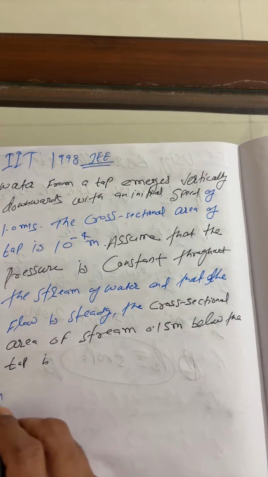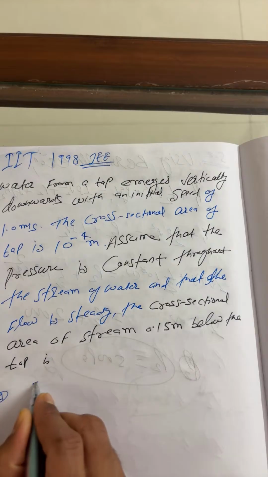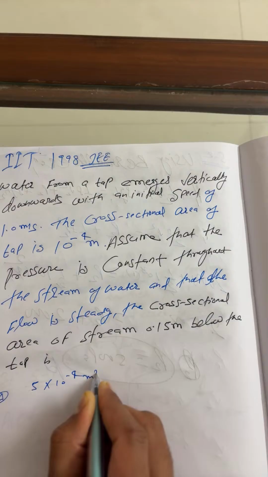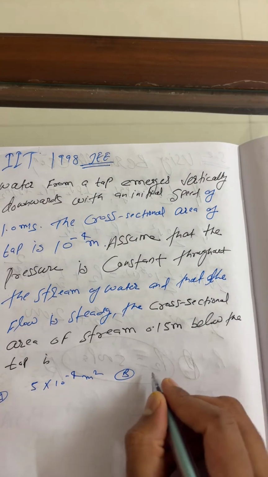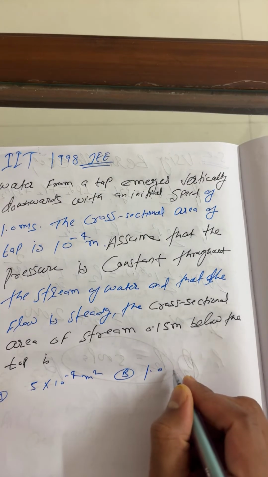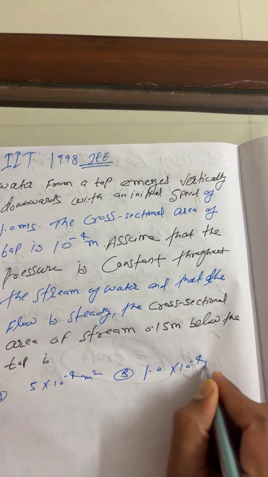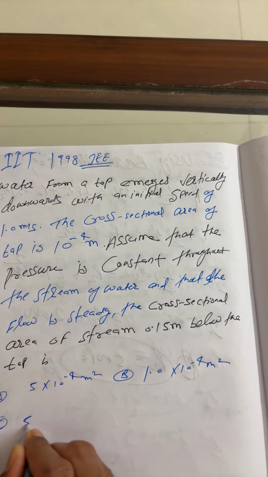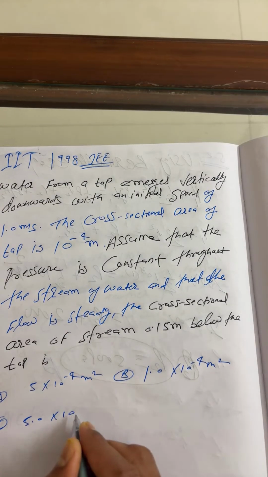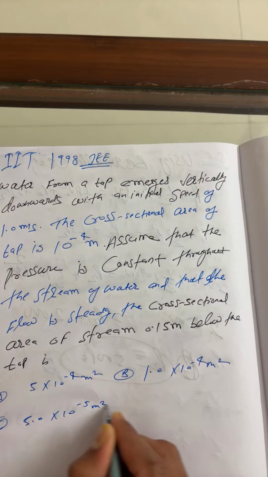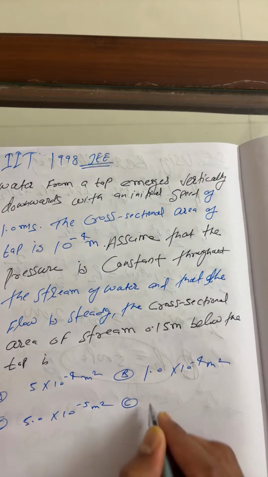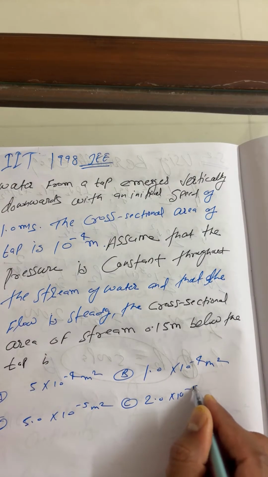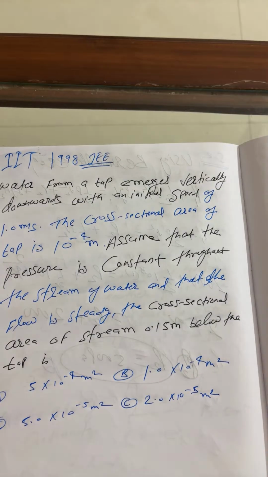So options: 5 times 10 to the power minus 4 meter square. Next, 1.0 times 10 to the power minus 4 meter square. Option C, 5.0 times 10 to the power minus 5 meter square. Last, 2.0 times 10 to the power minus 5 meter square.